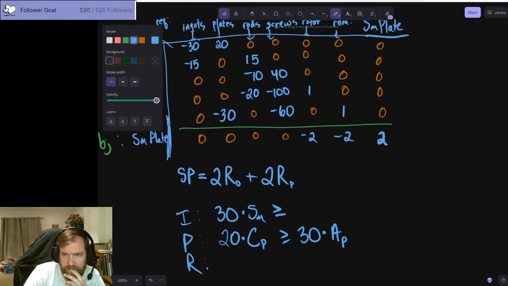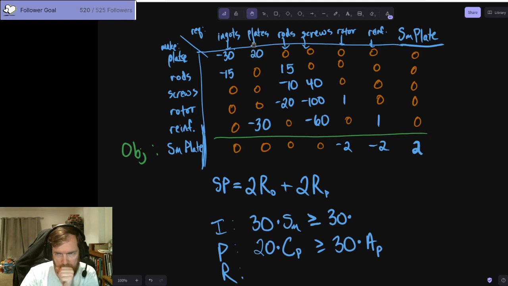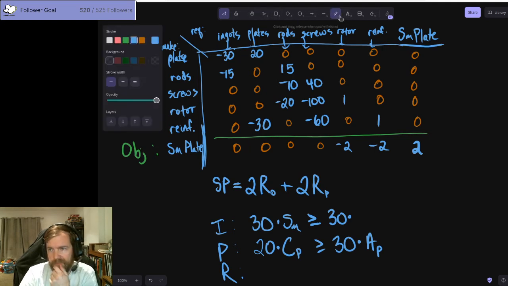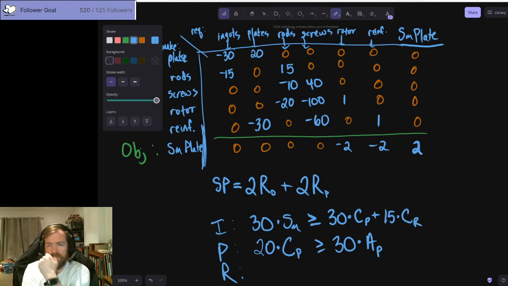It's not 45 though, it's the number of... Right, so this is going to be 30 times the number of smelters, which must be greater than or equal to 30 times the number of devoted constructors to plate plus constructors to rods 15 times. Maybe that's just wrong.